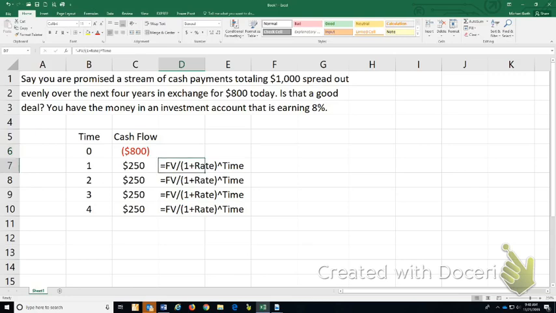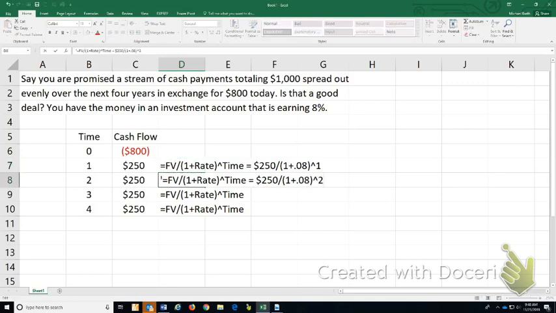All right, so with this first one, it would be 250 divided by 1 plus 8%, or 1.08. Same number, 8% and 0.08 are the same number, raised to the first power.